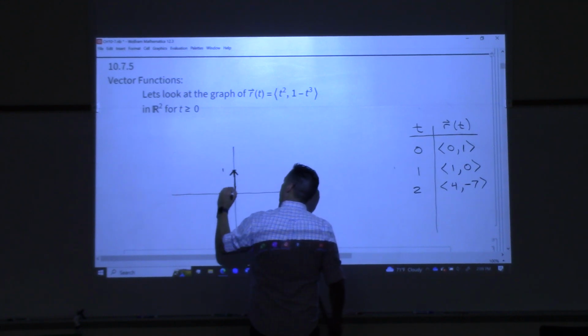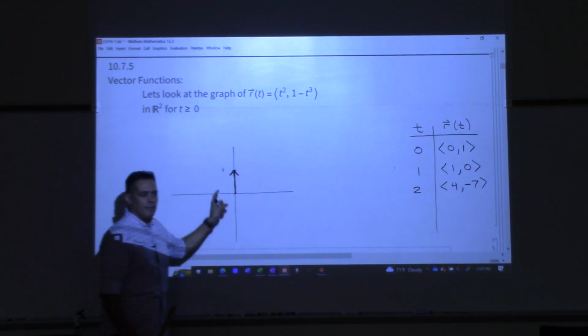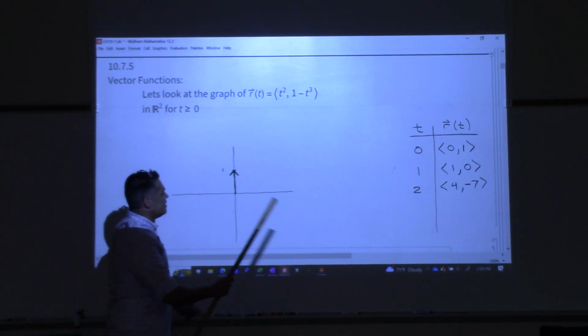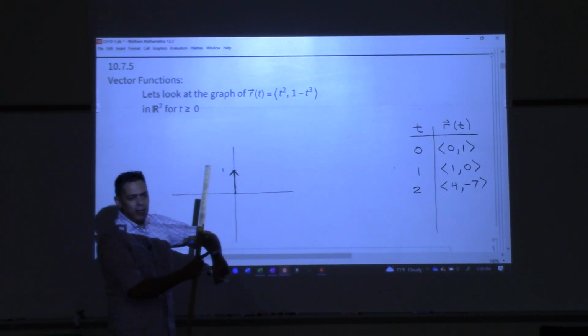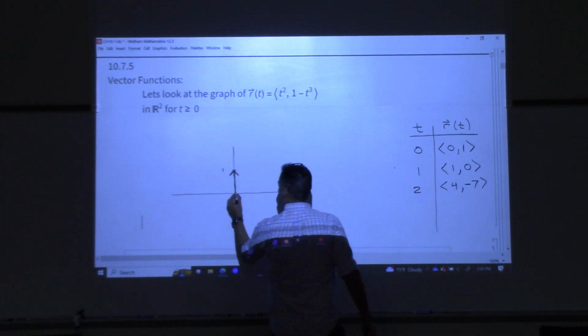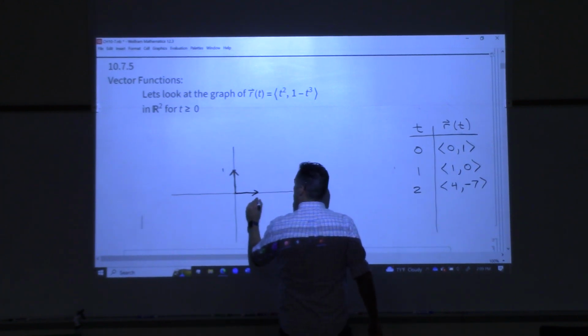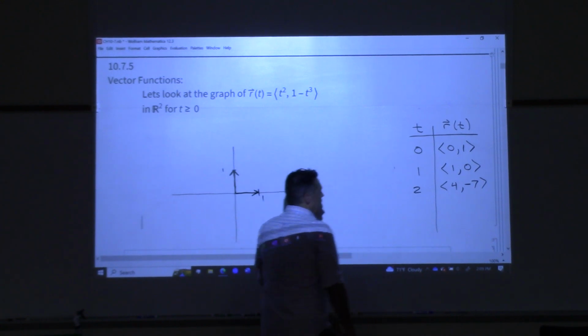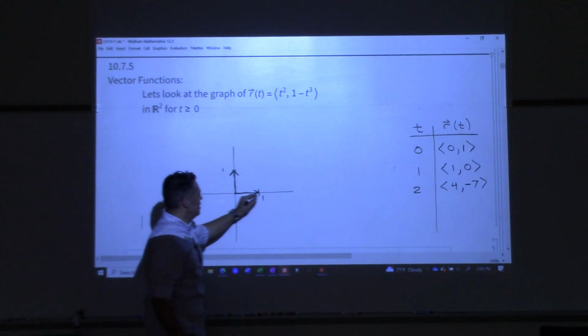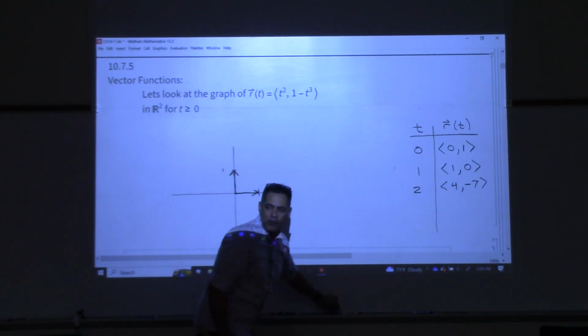That's at the beginning of time. Then 1 second later, we're here, that's the vector 1, 0. And then at 2 seconds, we're at 4, negative 7, which is off the charts way down here somewhere, so we have this vector that comes down like that.